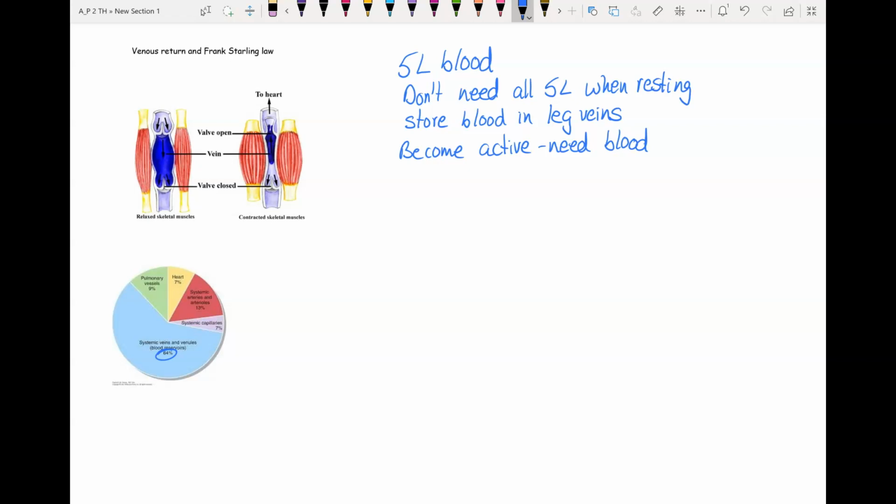So what you're going to do when you go from resting to active is your muscles squeeze those veins. So you can see here's relaxed, and see how the vein is wide and the muscles aren't pushing on it. Then when you become active, the muscles squeeze that vein. They make the vein narrow.